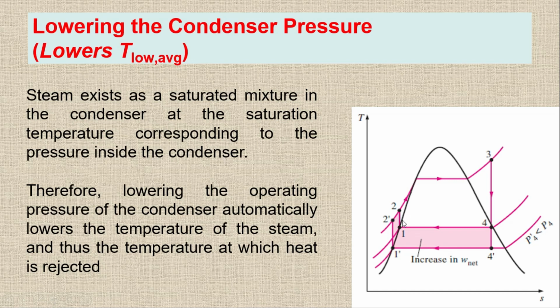If I operate the Rankine cycle using the first processes, or operate the Rankine cycle with 3, then 4 dash instead of 4, and then 1 dash and then 2 dash, by doing this we will get this colored area. You can see this one. This colored area on the diagram represents the increase in the net work output as a result of lowering the condenser pressure from P4 to P4 dash. So basically what is the work output? Work output is this one, 3 to 4.